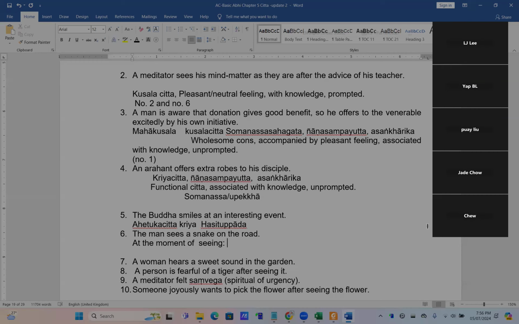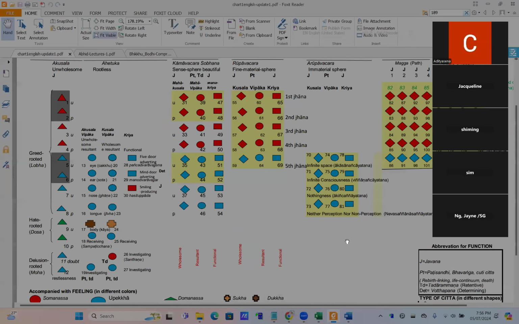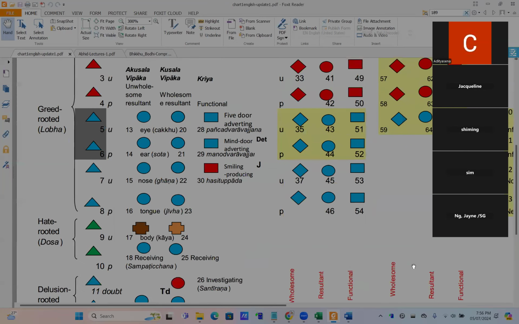Just now we were already talking about the consciousness, right? So what kind of consciousness will arise at the moment of seeing? We go back to this chart. When you see something, what kind of citta will arise?